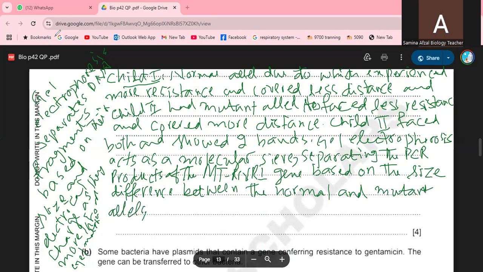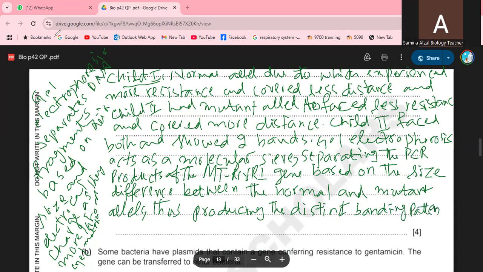So it showed different distance and size, thus producing the distinct banding pattern that allows us to determine each child's genotype.